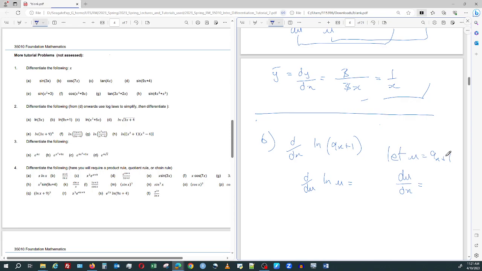So now we can do the calculus. Over here it's 9, and this becomes 1 over u. So our final d dx is equal to 9 over u, which is 9x plus 1. We can't do any cancelling, so don't try that.